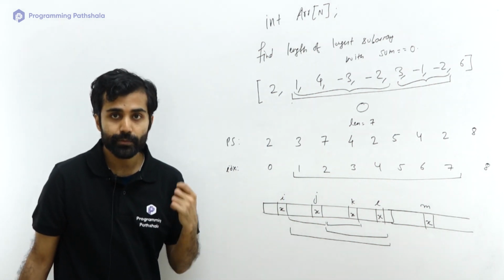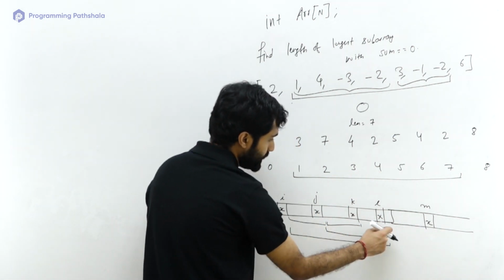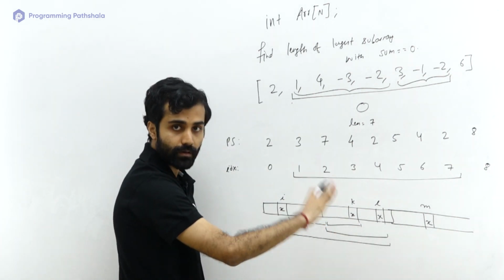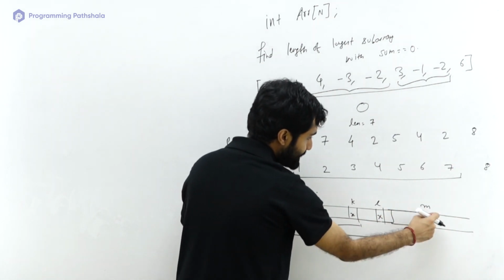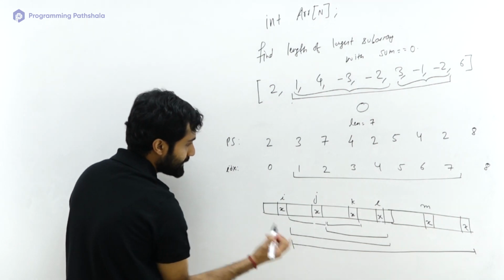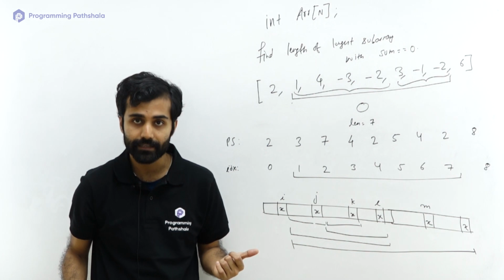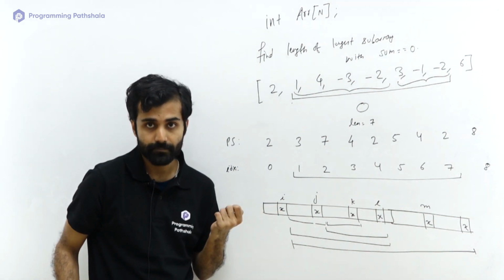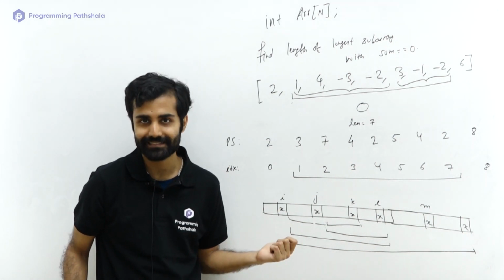The answer is you will strictly be interested in the first occurrence only, because the distance from here to here, or the distance from here to here, or the distance from here to here, all of them will be smaller than the distance from here to here. So it might so happen that this x gets repeated somewhere else again, but again you will be interested in measuring this length only and not any other length. So now that we understand this particular thing, I can say that for every prefix sum, I would want to track its index of first occurrence.